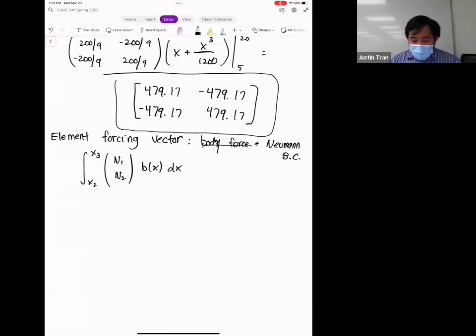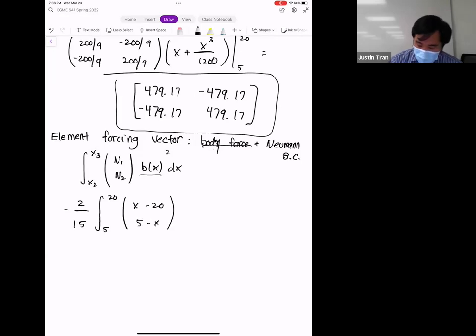All right. And so if we factor out all the constants and everything, remember n1, n2 has an x1 over x2 from it. And so if we plug in for that, we say b here is equal to 2, then we end up with minus 2 over 15 integral from 5 to 20 of (x minus 20) and (5 minus x), dx.